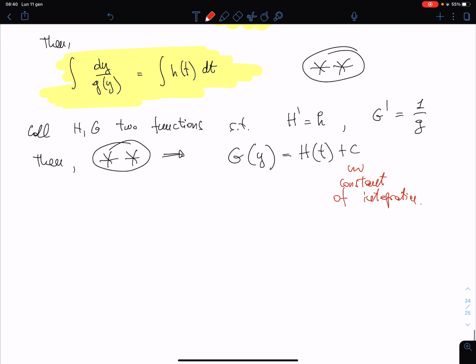Now the fourth passage, which is optional, because sometimes it is very difficult or even impossible.